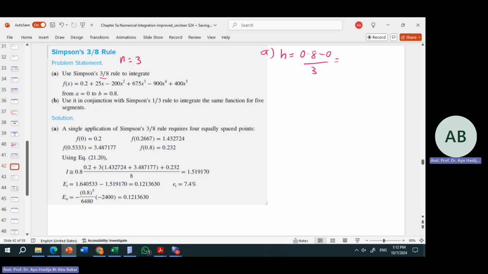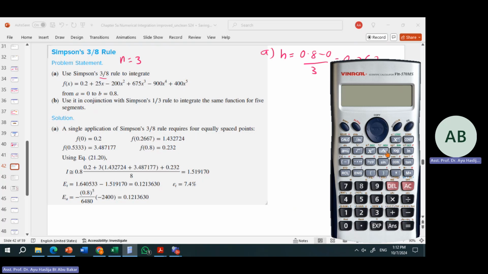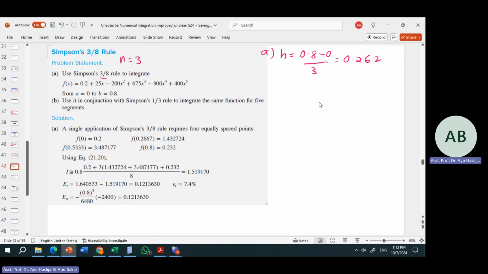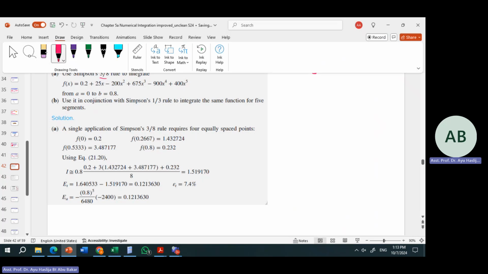First step is to find your h. 0.262? Correct. Then we take 0.267. Just take it as 0.267.